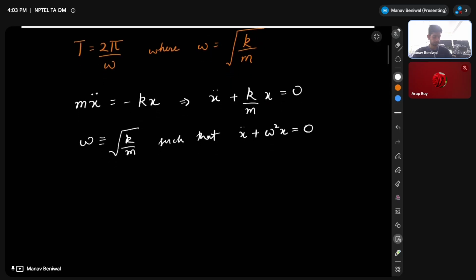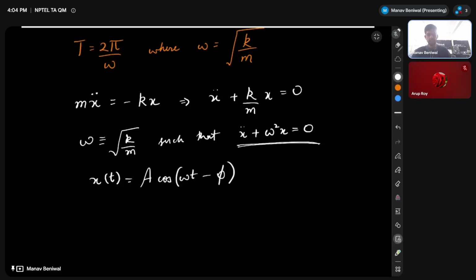Now this is the defining equation of simple harmonic motion, and we know that the general solution of this equation is given by x of t is nothing but a cos omega t minus phi, where a and phi are the two constants that we get from integrating this equation.